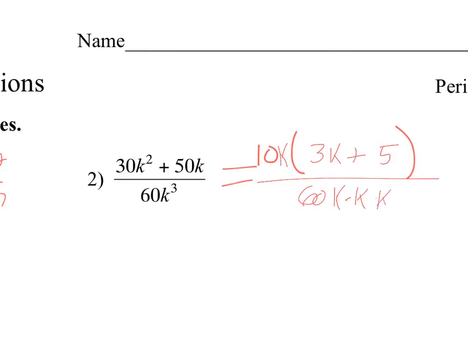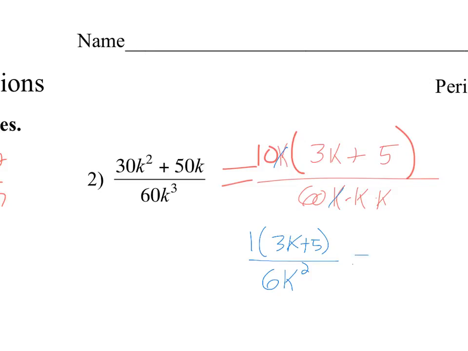Look, we start to notice that I've got 10 and 60, and those can cancel out. They can reduce as a fraction, and then I've got the k and the k. So I'm going to start reducing this fraction. 10 over 60 looks like 1 over 6, and then get rid of one of the k's. So I've got just 1 times 3k plus 5 over 6k times k, so k squared.